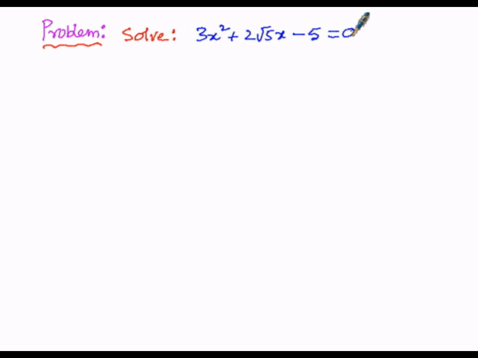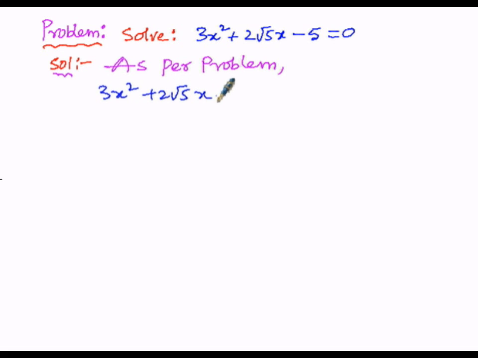Now the solution starts. As per the problem, the quadratic equation which is given to us is 3x square plus 2 root 5x minus 5 is equals to 0.